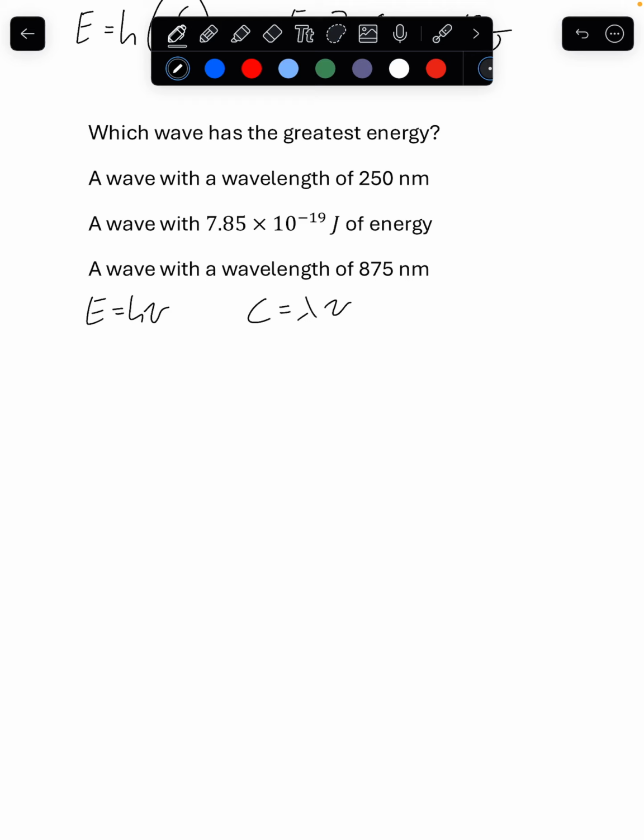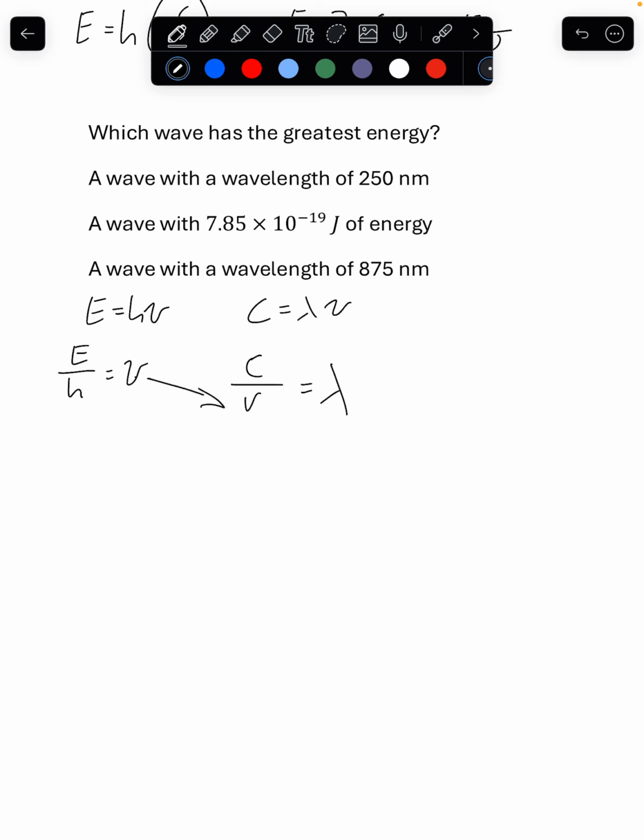So I have energy, I want to solve for wavelength, so we're basically going to do the same thing but the other way, right? Where I'm going to solve for this frequency, knowing energy and knowing Planck's constant, and I'll plug it in over here. So I can see that energy divided by Planck's constant is equal to the frequency, and the speed of light divided by the frequency is equal to the wavelength, and that's the unit I'm looking for.